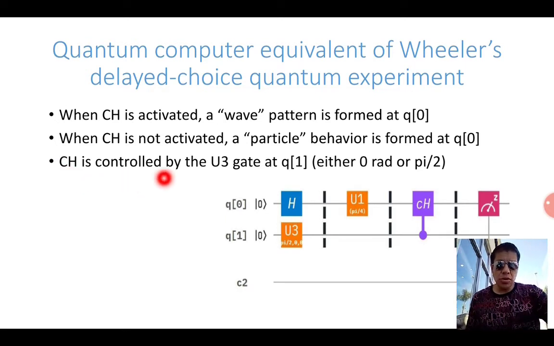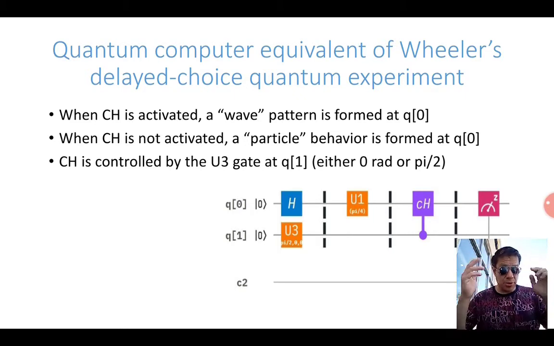And CH is controlled by a U3 gate at Q1, either set at 0 radians or pi over 2. This is the equivalent of putting the yellow mirror, or taking away the yellow mirror, okay? So the upper and lower paths for Wheeler's experiment are basically formed right here. Kind of hard to see, but that's how you can actually do it in a quantum computer.